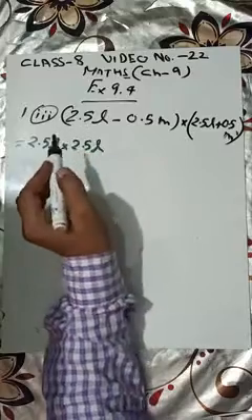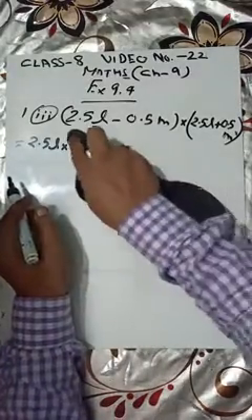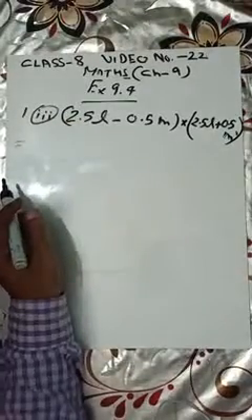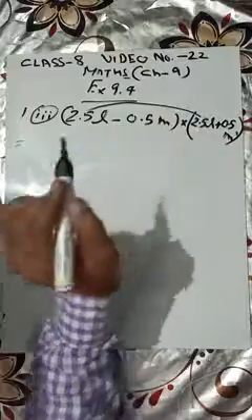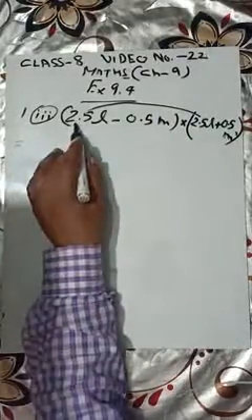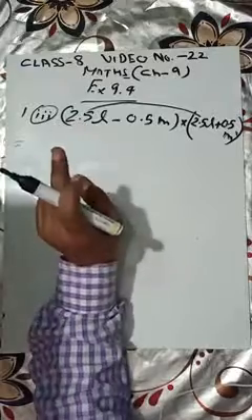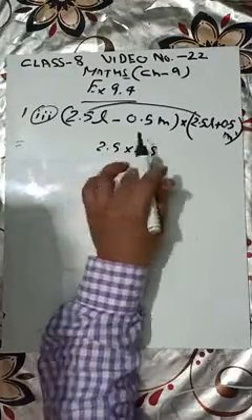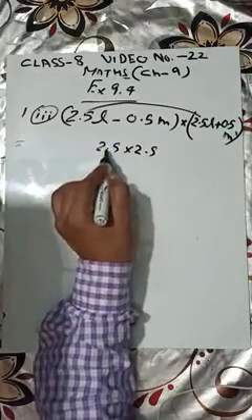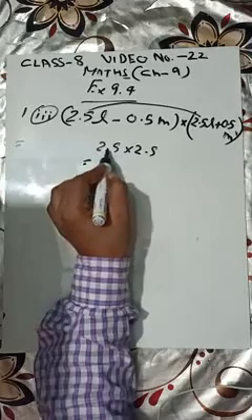So let us solve this like this. See, this 2.5 l is going to multiply like this. So 2.5 and 2.5, if you remove the point, multiply 25 and 25, because they are numbers.